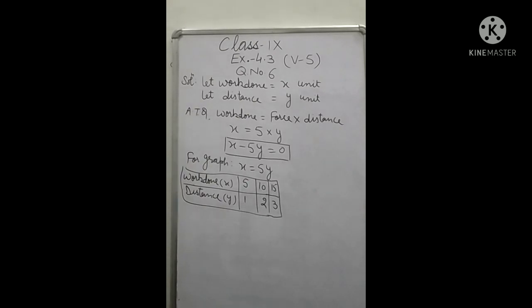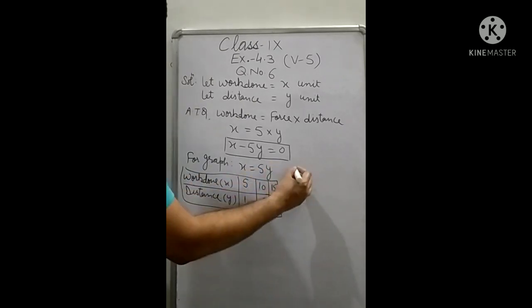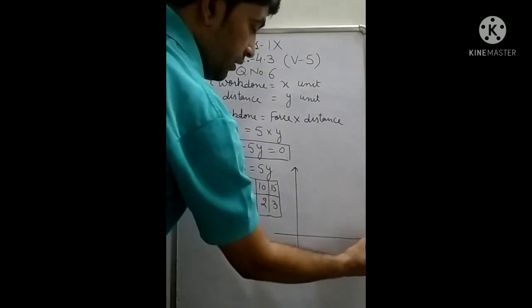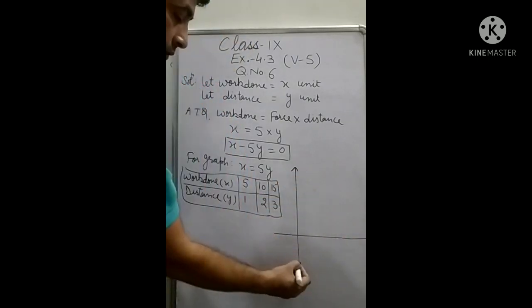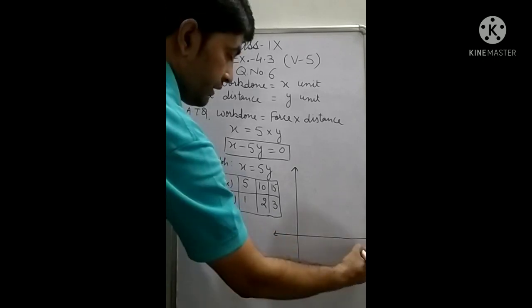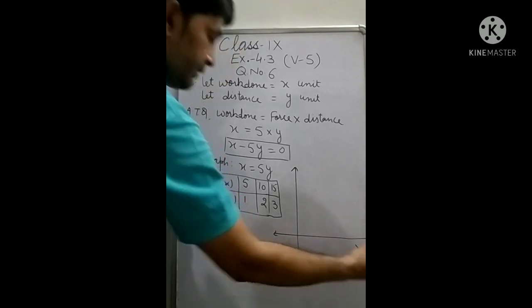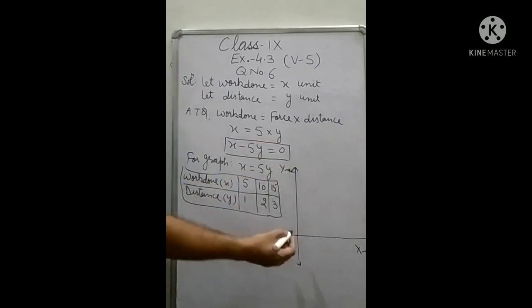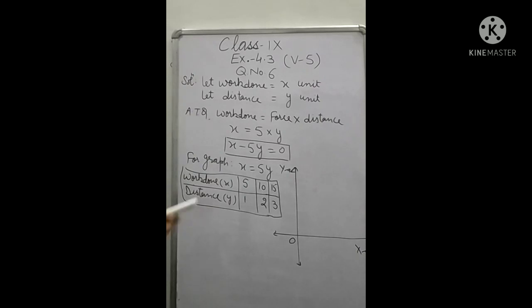For that, take two perpendicular coordinate axes, one vertical, another horizontal. This horizontal line is known as the x-axis, and this vertical line is known as the y-axis, and their point of intersection is known as the origin. So along the x-axis you show these points.